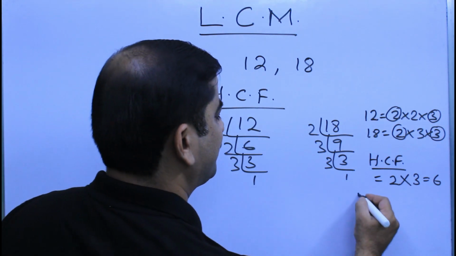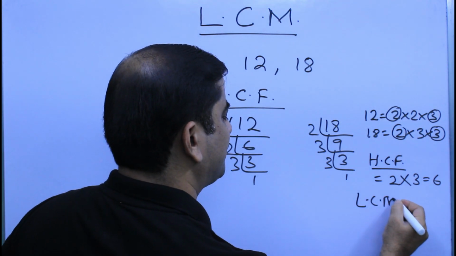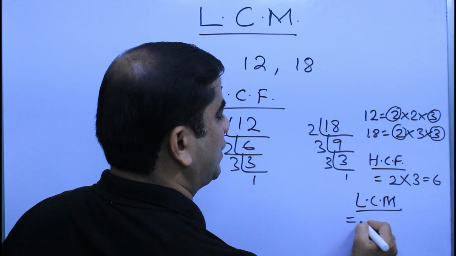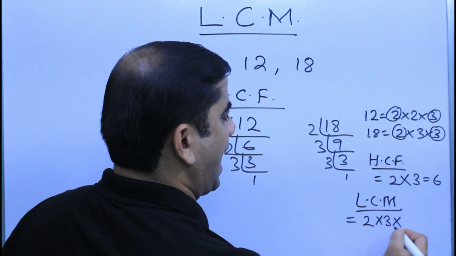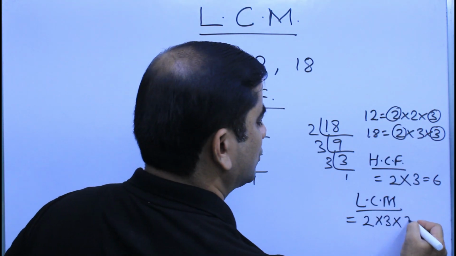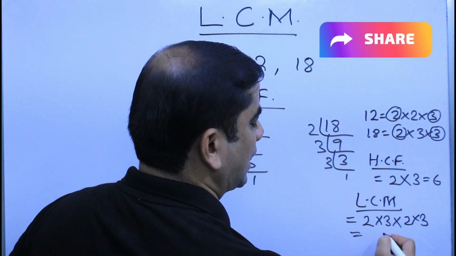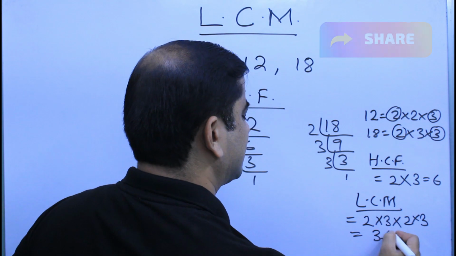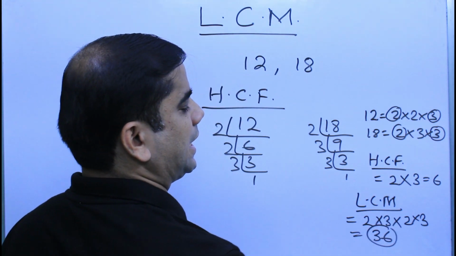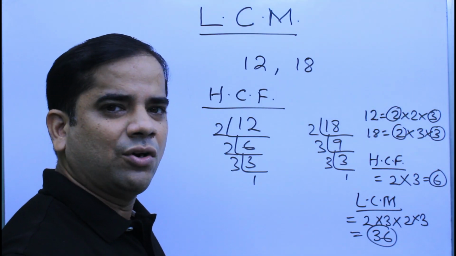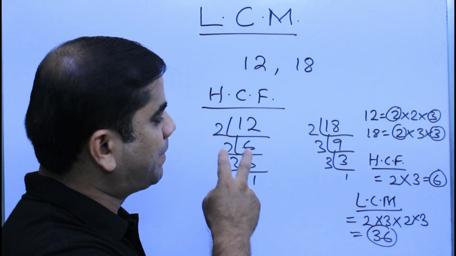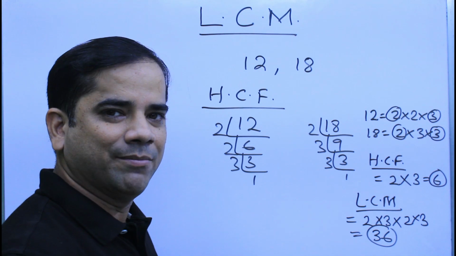What about LCM? In case of LCM, we need to multiply the common factors 2 into 3 and the remaining numbers 2 into 3. So that is 36. Okay, so 36 is the LCM, 6 is the HCF. Now let us find out what is the relationship between the numbers and their HCF and LCM.